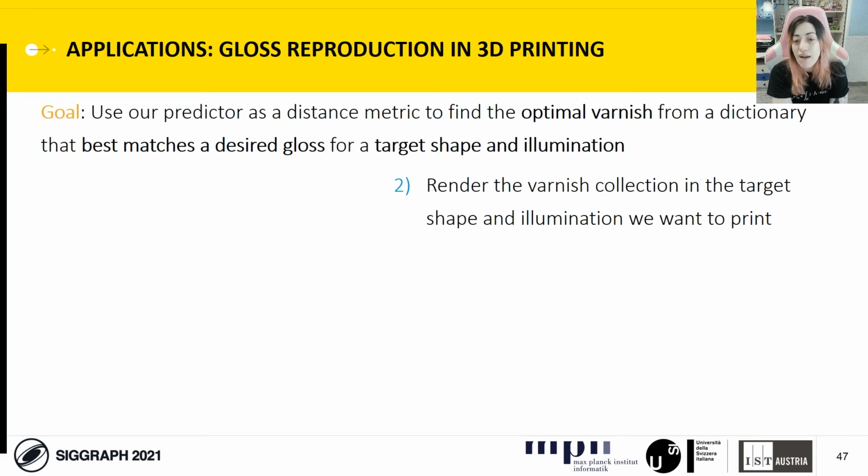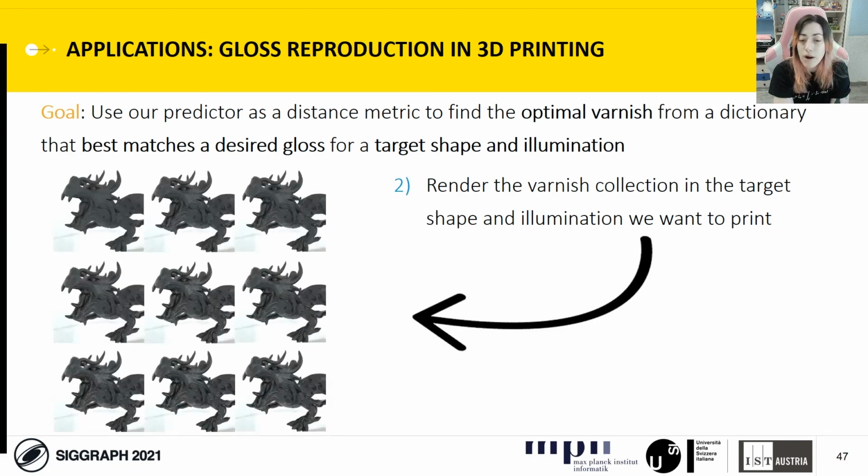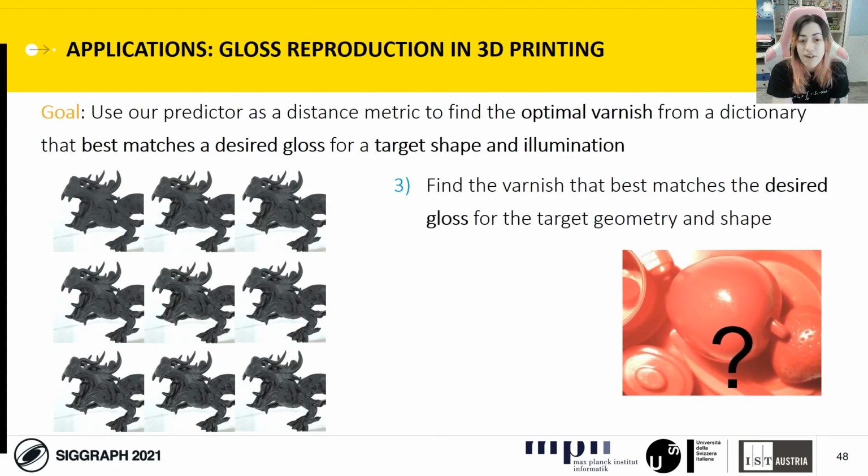Then, once we have selected a target shape we want to print and an estimated illumination, we render the varnish collection in this shape and illumination. And this allows us to have an approximate image of how the varnish would look when applied in such conditions. Finally, we need to find the varnish that best matches the desired gloss.